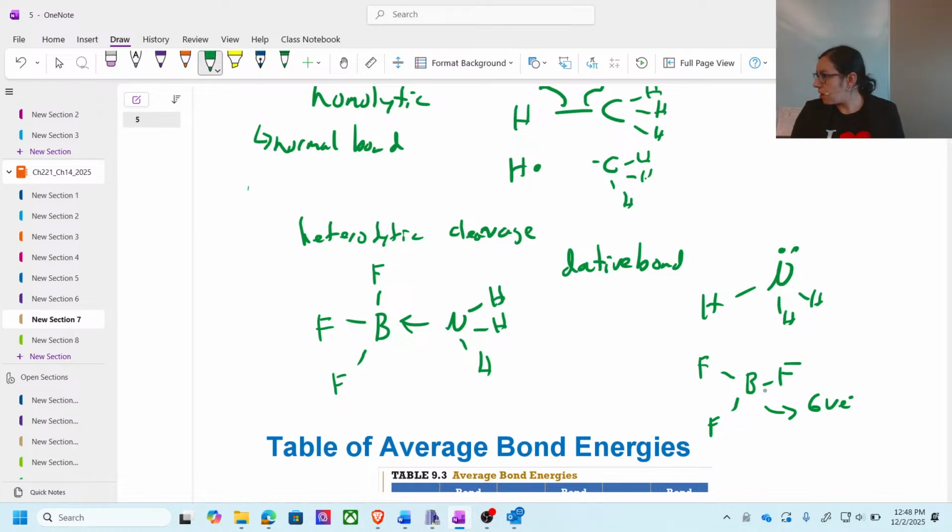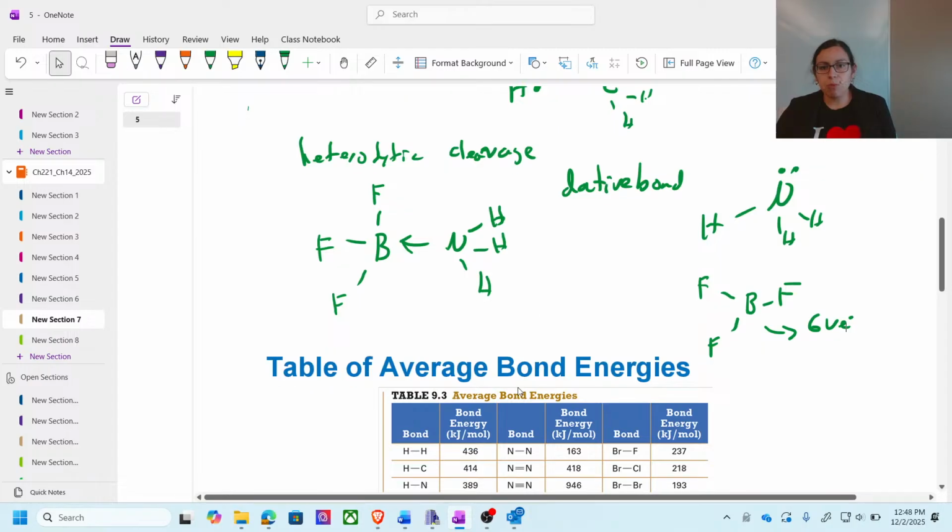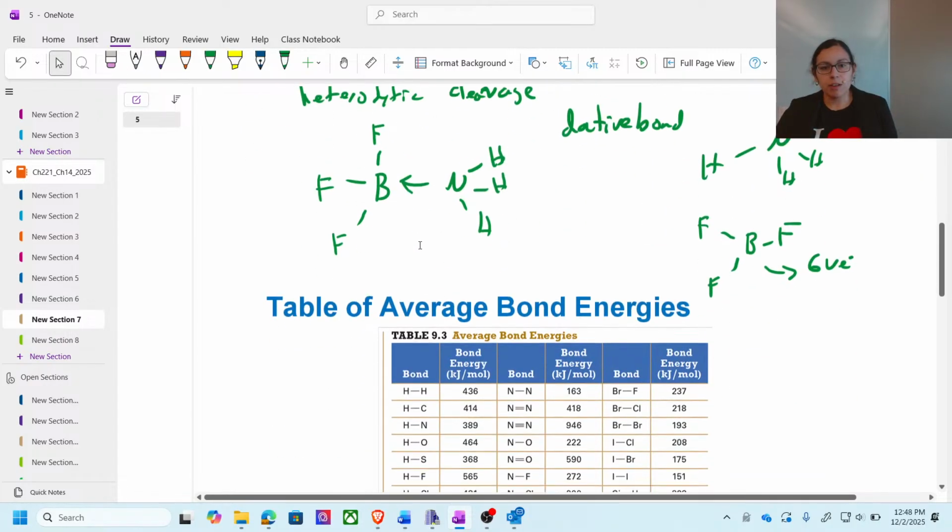This is why there's a lot of hot research right now with boron, because it can do cool things like this. Since it technically is missing electrons, it is happy to accept those 2 from nitrogen, but this would be a weird scenario that would not be described by homolytic cleavage, right?